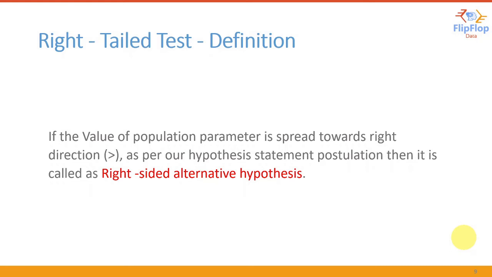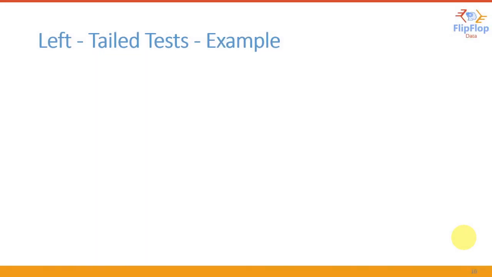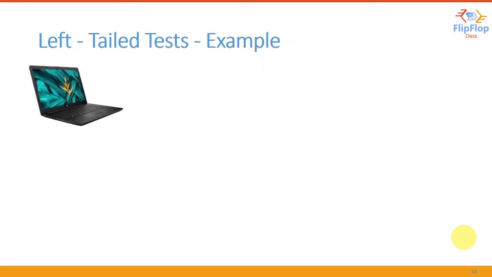So now moving on towards the left-tailed alternative hypothesis. Let us consider same example of computer manufacturer with little bit of modification. So now Hewlett Packard sets the retail cost of computers based on the manufacturing cost, which is $1,500.